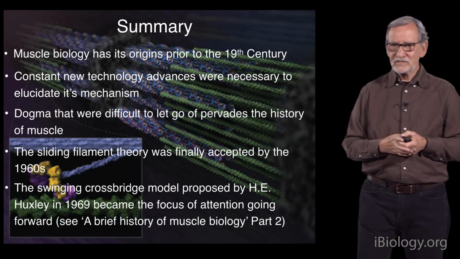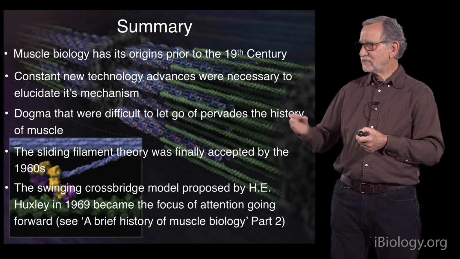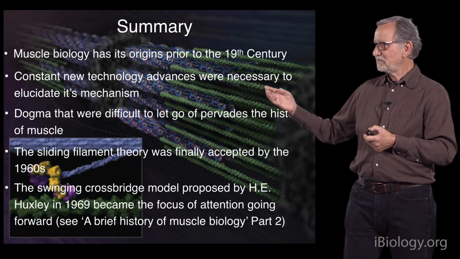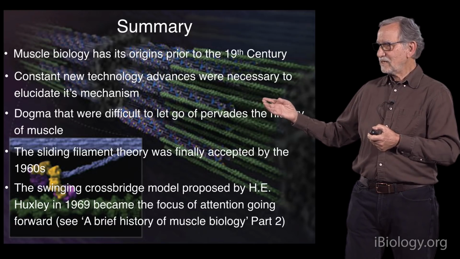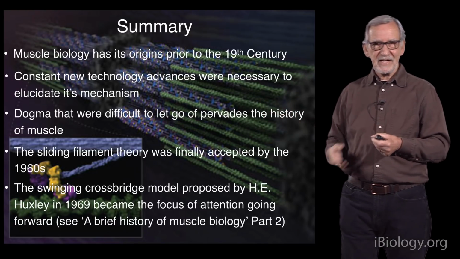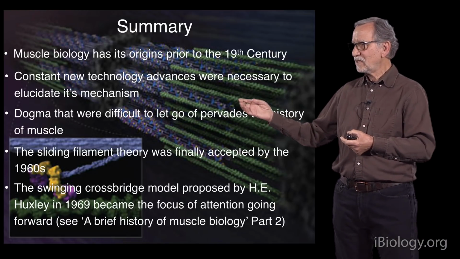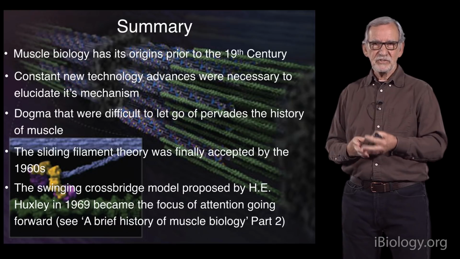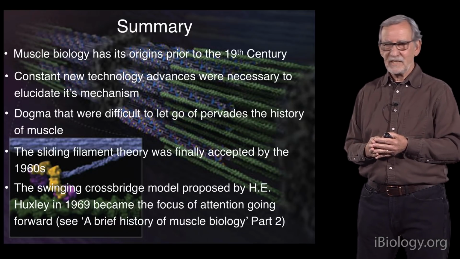Okay, so just to summarize this part one, muscle biology has its origins prior to the 19th century. A really important point that I want you to get out of this lecture is that constant new technology advances are really necessary to elucidate the mechanism of whatever biology you're trying to study.